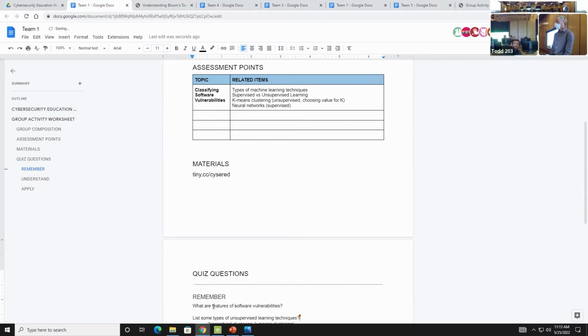What are features of software vulnerability data sets? A lot of language packed into that. What are features of them?